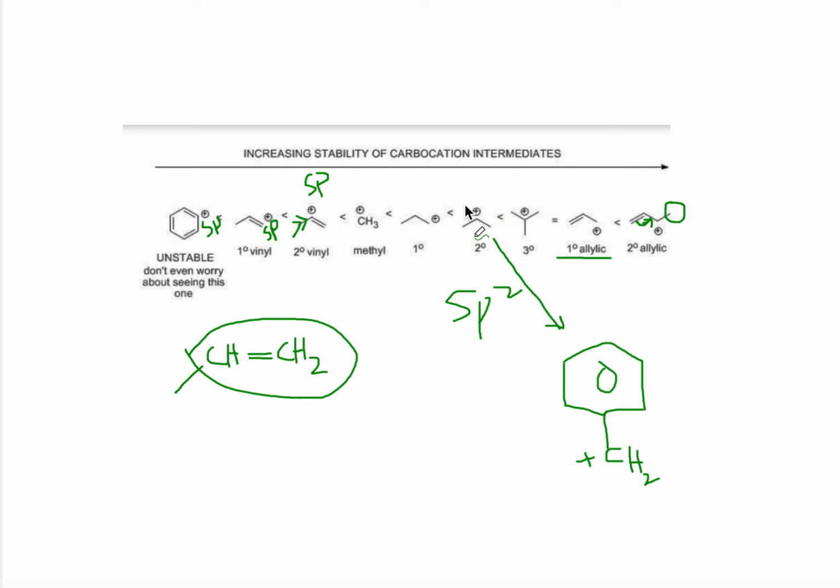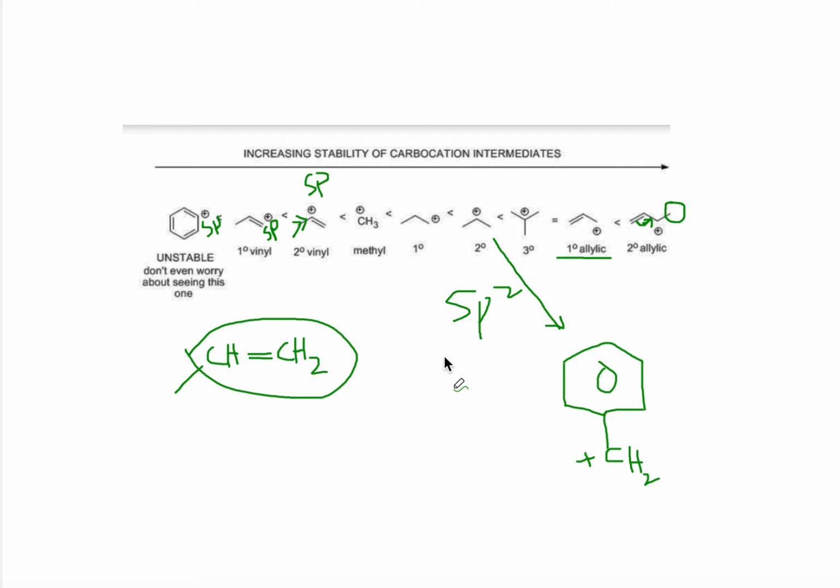This is a secondary carbocation. This is secondary, this is primary, but due to electronic factors, or pi electrons in resonance with the positive charge, the stability of this carbocation, even being primary, is more than the secondary carbocation with simple alkyl substituents, or you can say methyl groups.